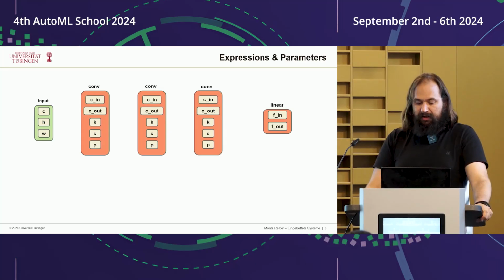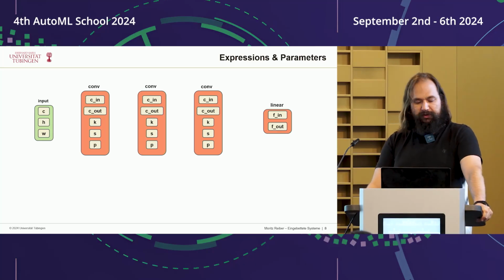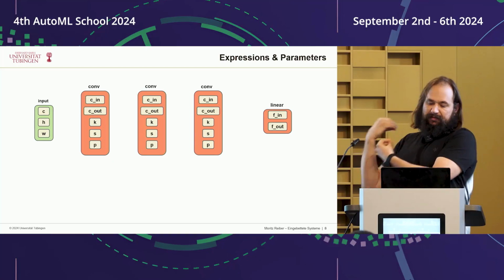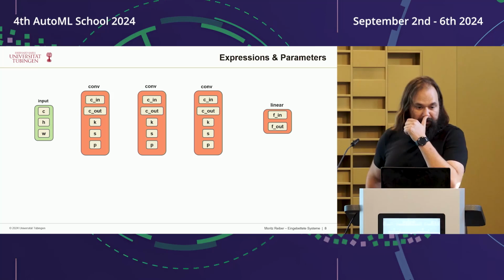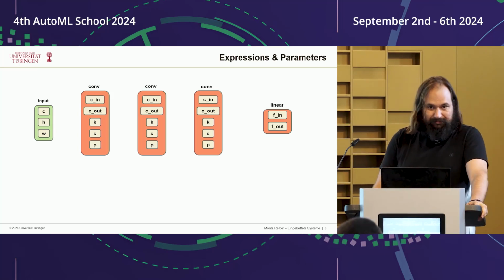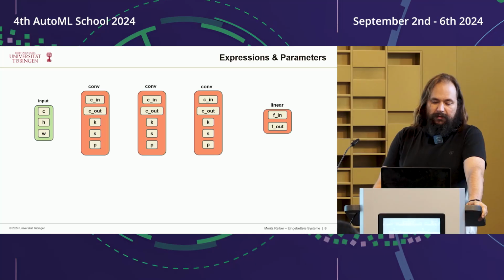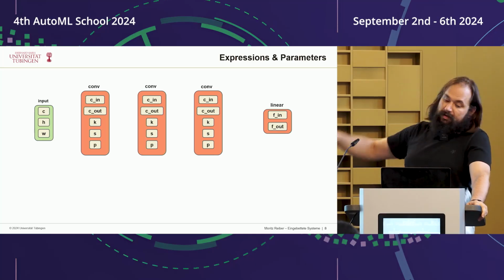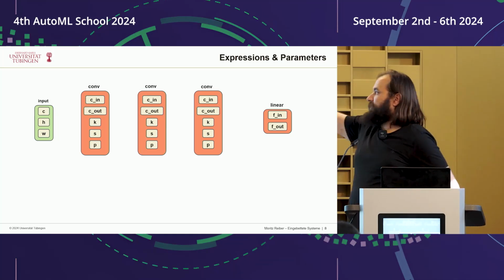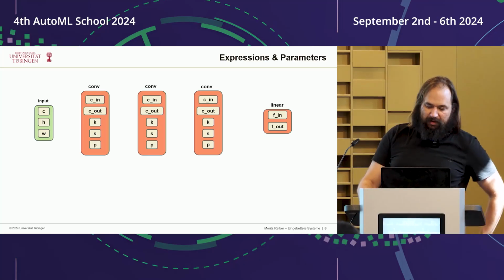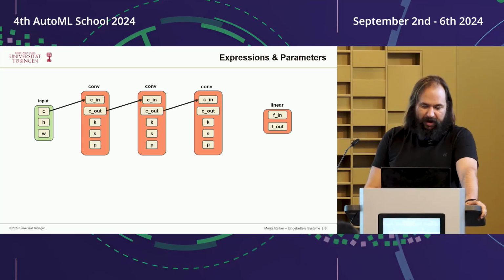Those are the search space descriptions, and they are augmented by an expression and constraint system. The expression and constraint system is used to describe and limit the choices for parameters in the operators of our computational graph.